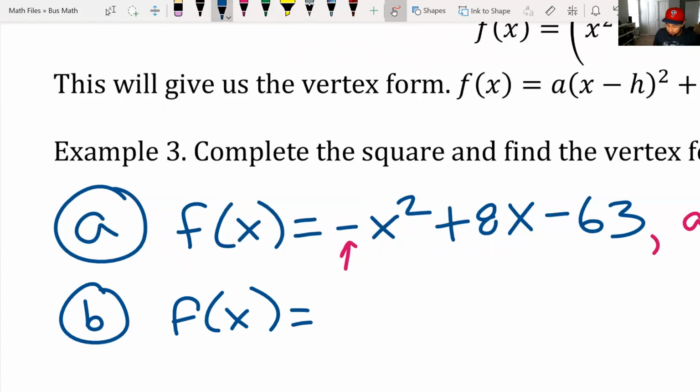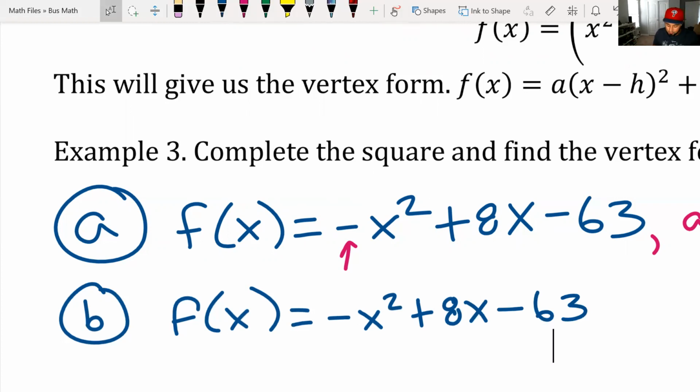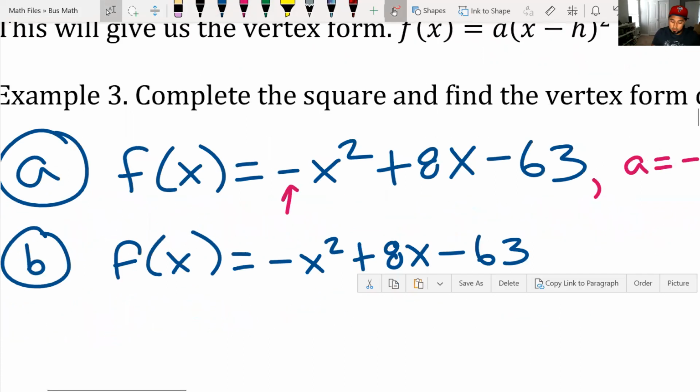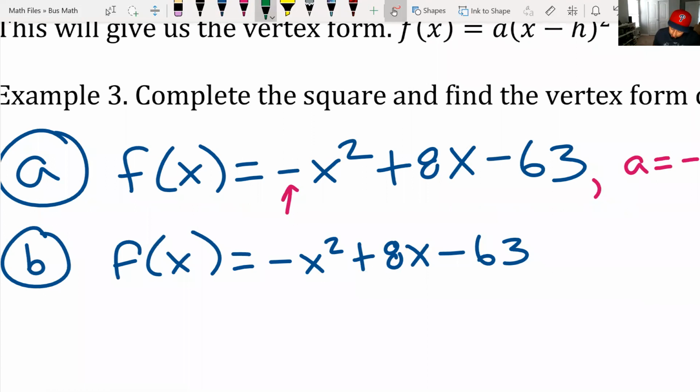So let me just rewrite it real fast. -x squared plus 8x minus 63. So for this one, we're going to group these two terms together, which is allowed, and factor the negative only out of these two terms.